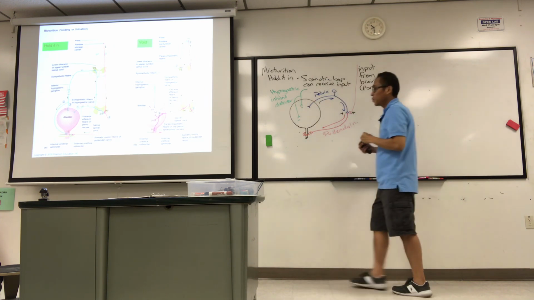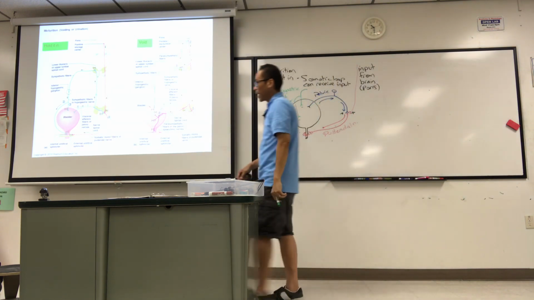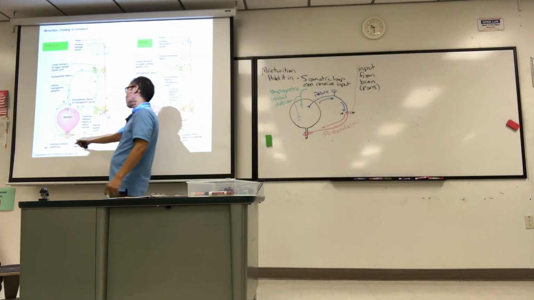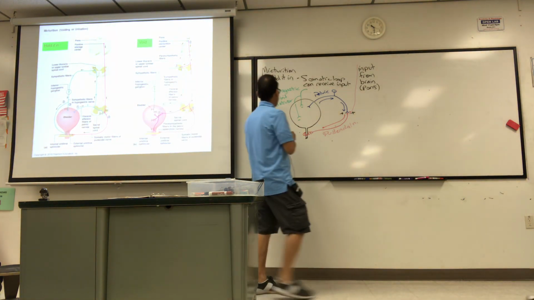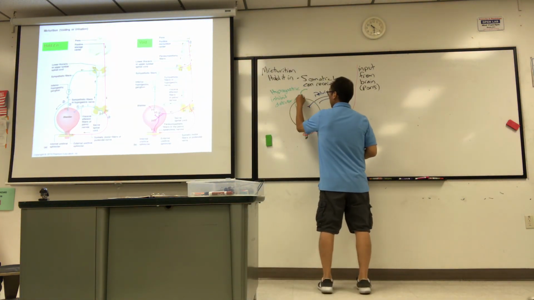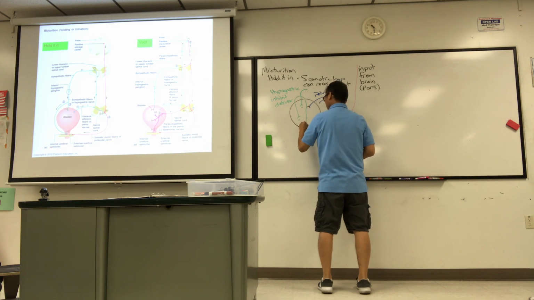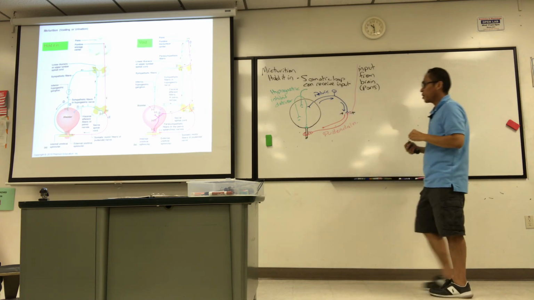And the other thing they do is, if you look, they put a branch, they put a plus sign down there. They're telling you it stimulates the internal sphincter. So I'll just draw another branch going there. So those are the things we already noted.